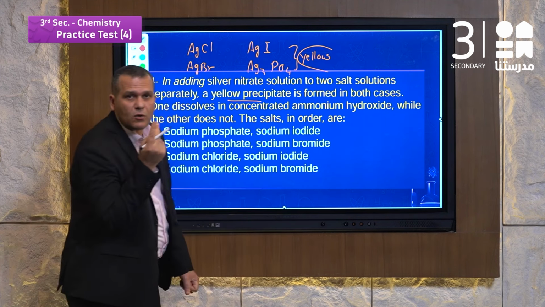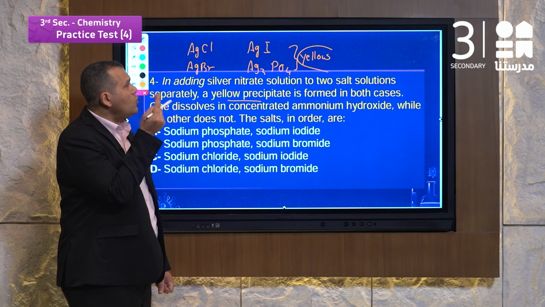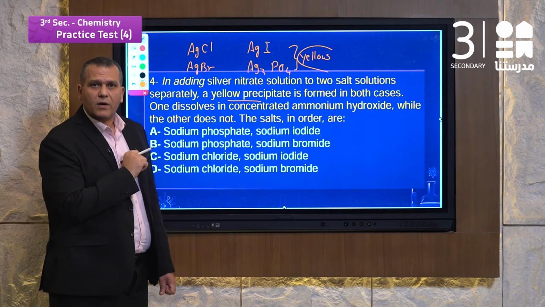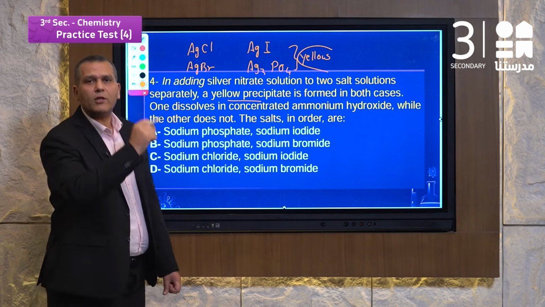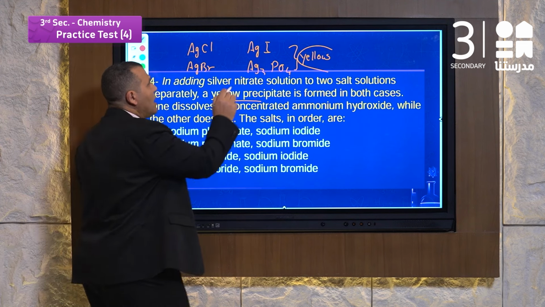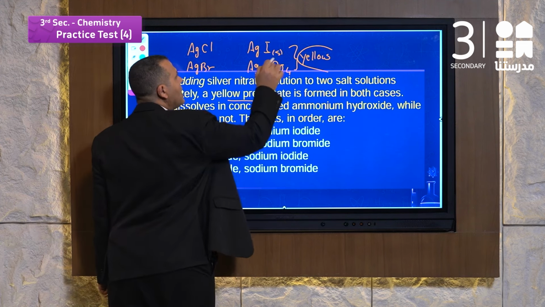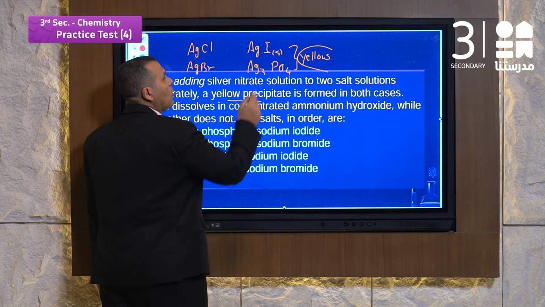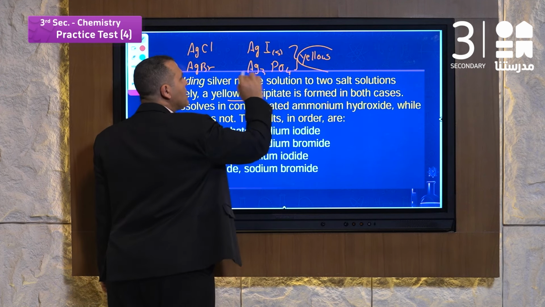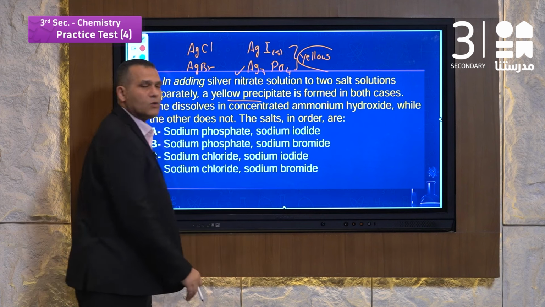Silver iodide and silver phosphate are yellow in color. How to distinguish between two yellow salts of silver, one of them iodide and the other phosphate? By using ammonium hydroxide. Silver iodide is insoluble in ammonium hydroxide, while silver phosphate is soluble in ammonia solution.